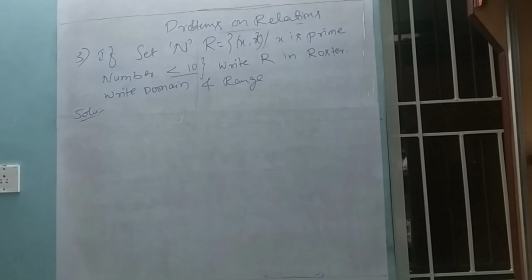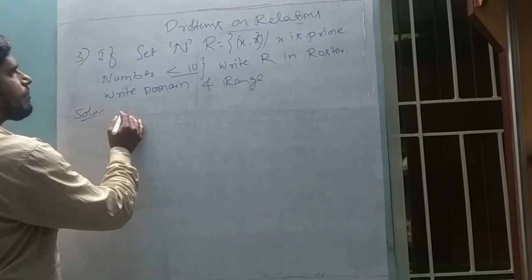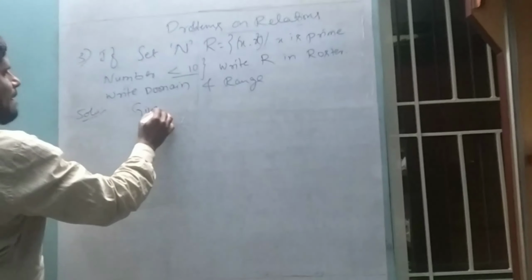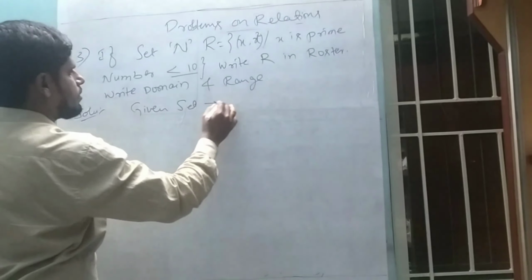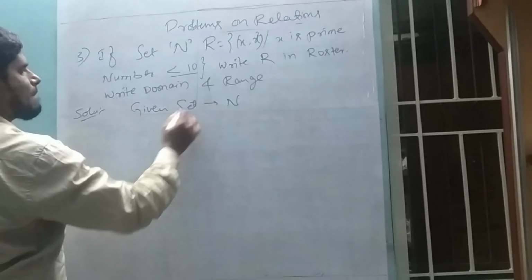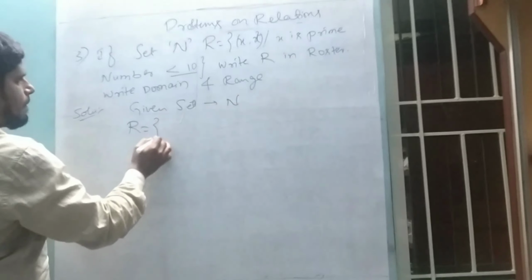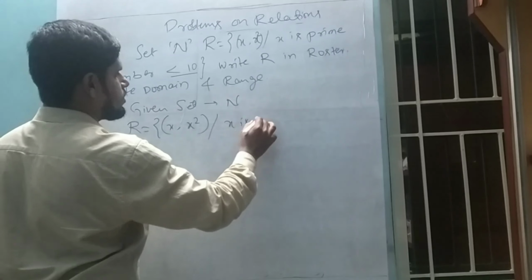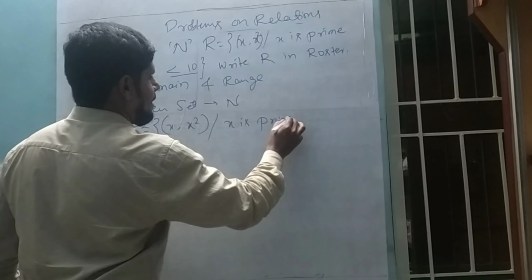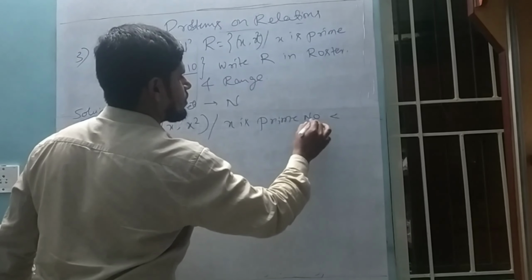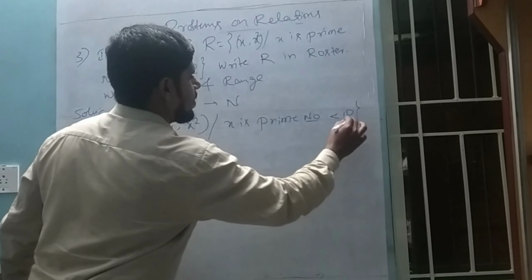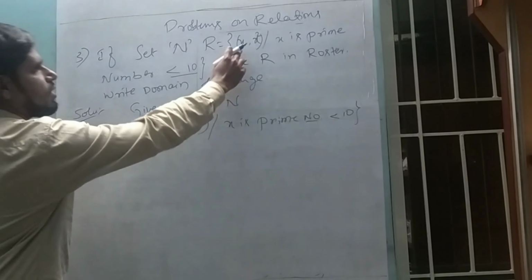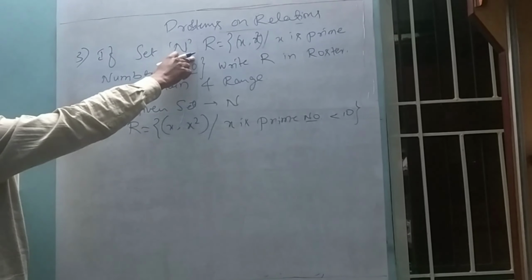Here y is x square. Given our set is natural numbers, relation R is (x, x square) such that x is a prime number which is less than 10. x belongs to natural numbers obviously here because the set is natural numbers.